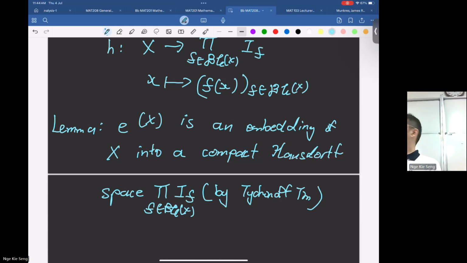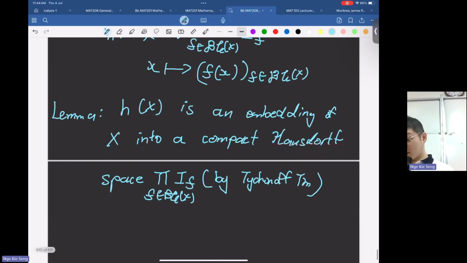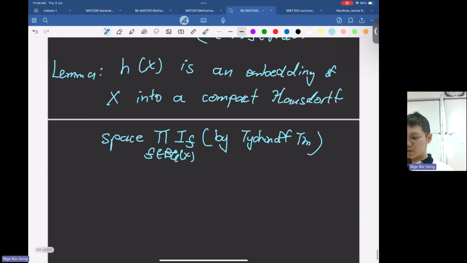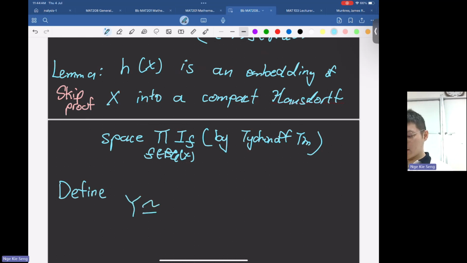Oh yes, thank you. Because I forgot to change here. Okay. So what do we do? So this lemma, I think we won't prove here. We will put it into the lecture notes. So this one, skip proof, quite technical here. So what we can do is we can simply define Y to be the closure of this embedding.